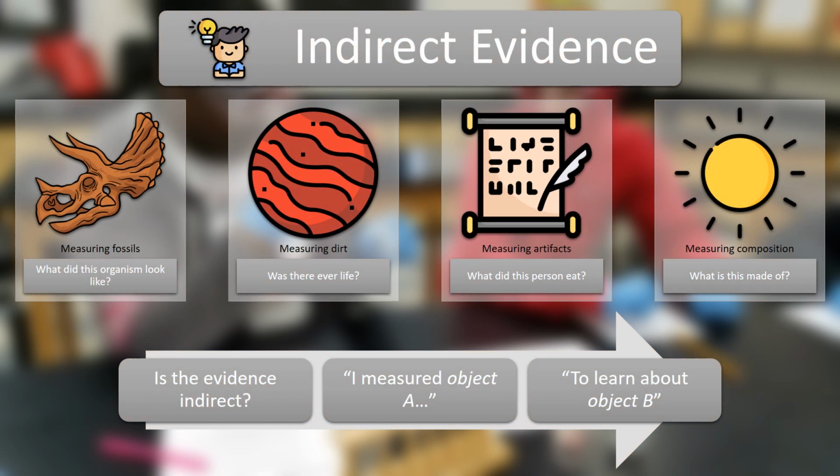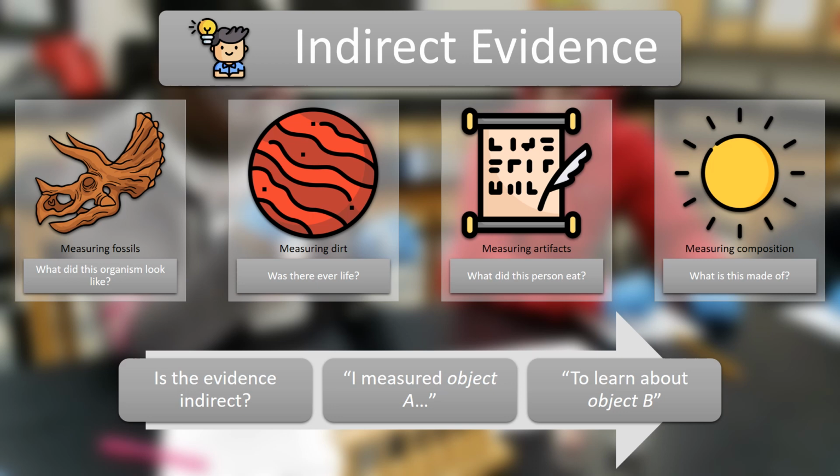Sometimes, though, we can't make direct measurements of something, but we still want to learn. In this case, we make what's called an indirect observation, and we gather indirect evidence. What do I mean? Well, you make a measurement of object A in order to learn about object B. So think about fossils. We can learn about what dinosaurs looked like, but we can't ever see them.